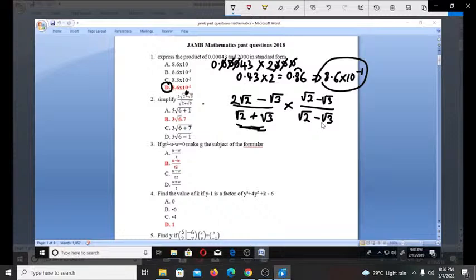So when you multiply out, what are you going to have? This times this will give us 2, because we have root 2 here and root 2 here. So 2 times root 2 times root 2 is 2 times 2, which will give us 4. Now we do this times this. What will 2 root 2 times root 3 give us?